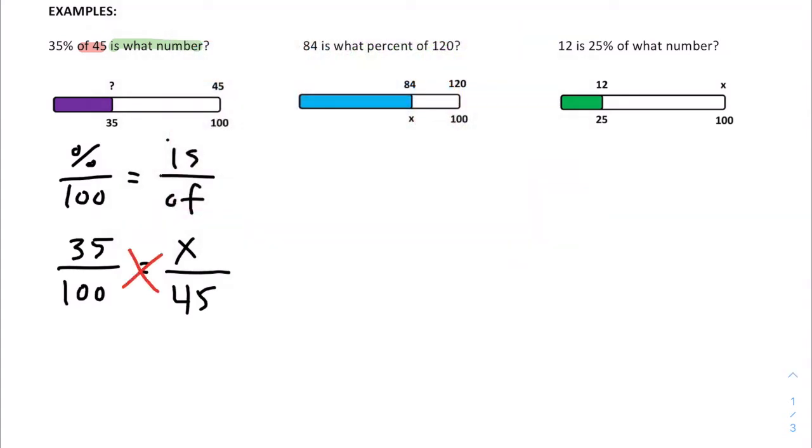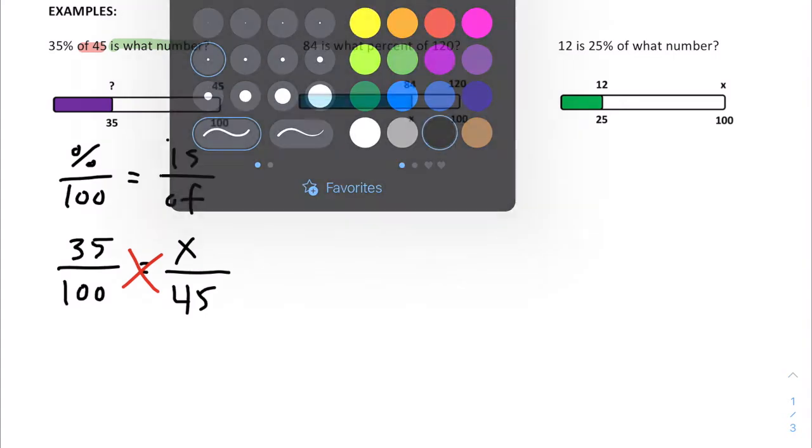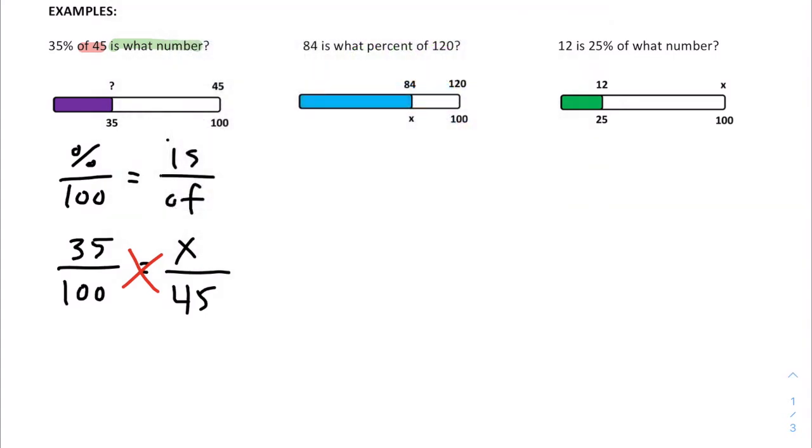So this one's going to be a little bit more challenging because we're probably going to need to grab a calculator. The first one we can do, though, it's 100x. But then 35 times 45, I don't know if there are a lot of people that can do that in their head. Maybe. So we have 1,575.